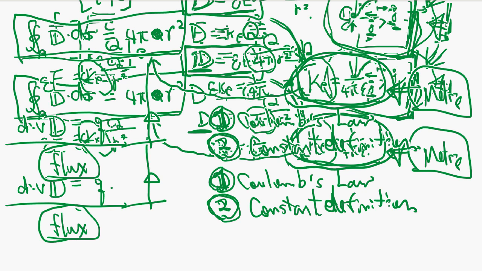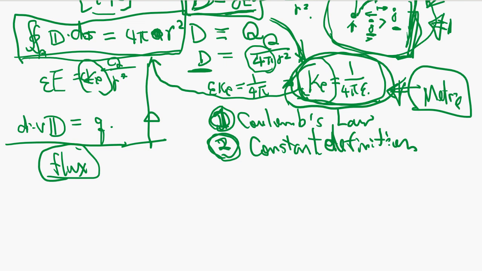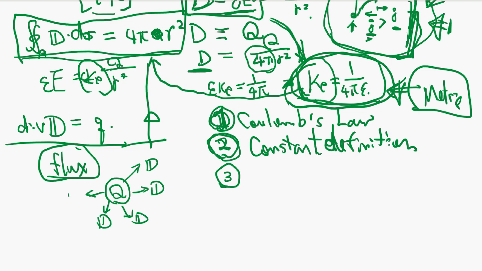So Gauss law is based on these two assumptions, but there are more underlying assumptions. For example, you have a Q. How do you know D goes out uniformly? Well, this is just an assumption, right?